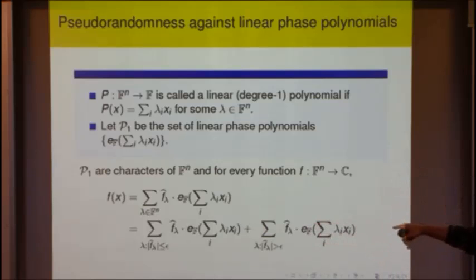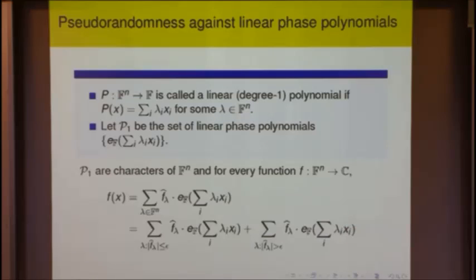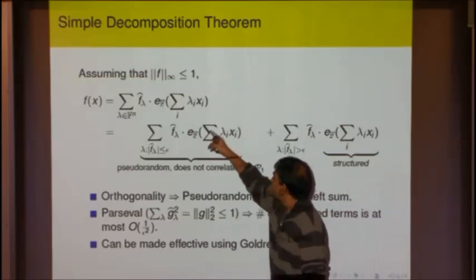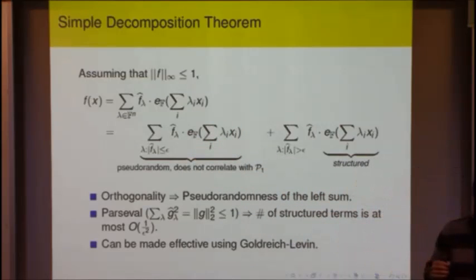One consisting of Fourier coefficients which are smaller than epsilon, and the other consisting of Fourier coefficients which are larger than epsilon. So what this means is that the part with the small coefficients doesn't correlate with any function in P_1. So the correlation with any function in P_1 is bounded by epsilon. Okay?